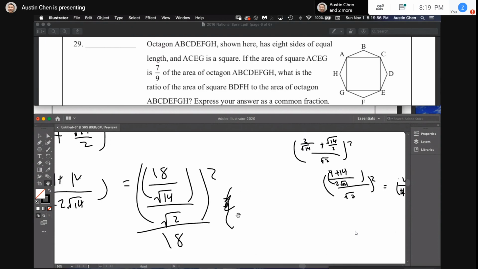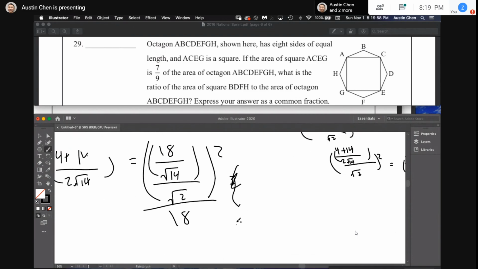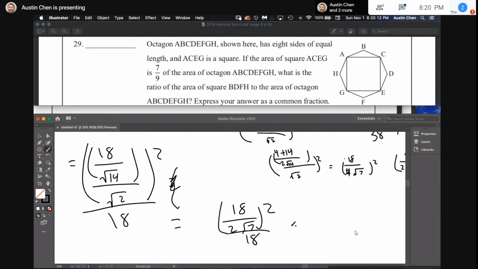It's 3 stacks of fractions. All right, so this will equal 18 over 2 root 7. We're going to square that over 18. This will be 18 over 49 times 2, right?